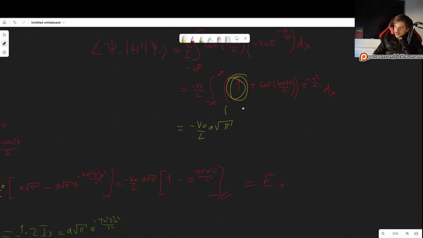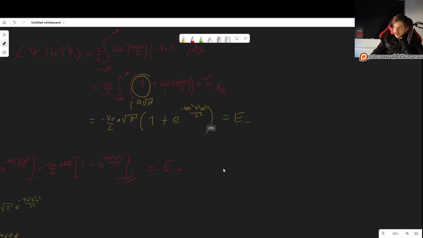Because this thing right here will give us a square root of pi, and this thing will be now, instead of minus, 1 plus, and then we get a square root of pi times e to the minus 4n squared pi squared a squared L squared. And this is e minus.